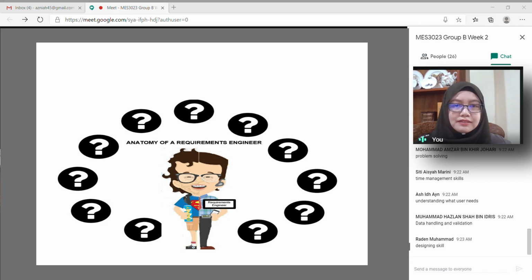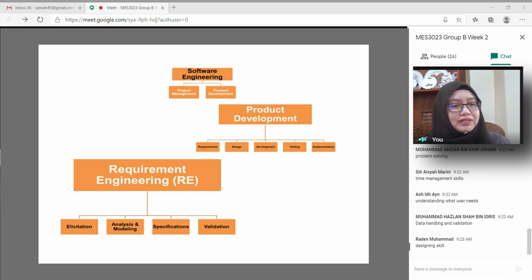So what else is needed? Instead of designing, the skill that you need is actually modeling. Modeling and designing have a little bit different meanings. Modeling is about when you have this data or you have a diagram sketched with pencil or pen on paper, you can use some modeling tools to create the diagrams. That's what we call modeling.